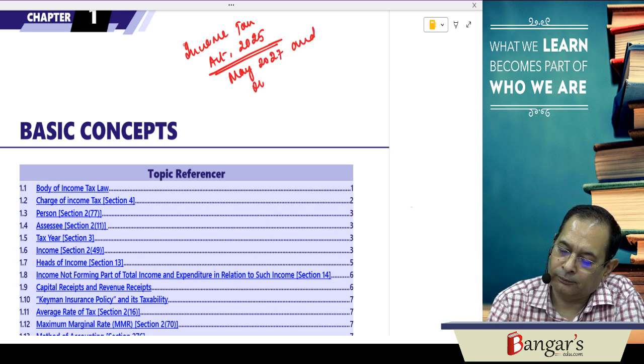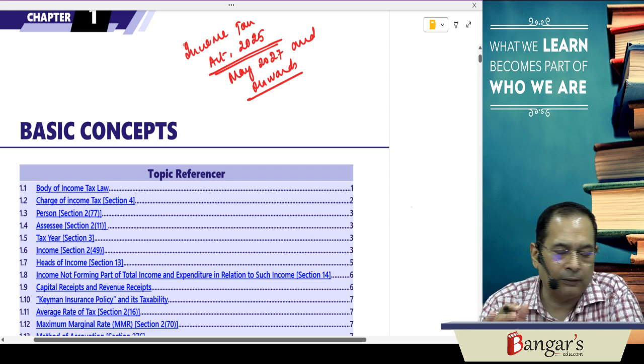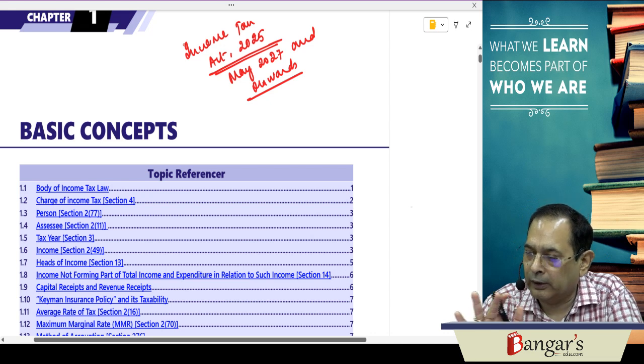Are you getting? So, you are not required to do the provisions of the Income Tax Act 1961, but don't worry.